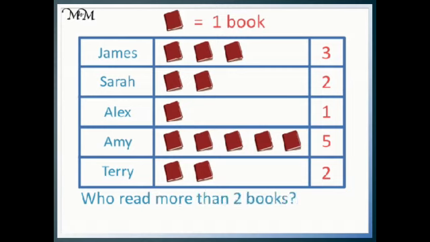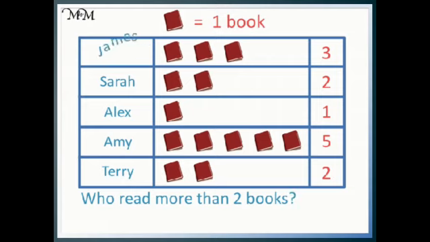Here one more table is there, that is James, Sarah, Alex, Amy, Terry. So here one picture means one book. Understood? James has 3 books, Sarah has 2 books, they have read how many books? Alex has read 1 book, Amy has read 5 books, and Terry has read 2 books.